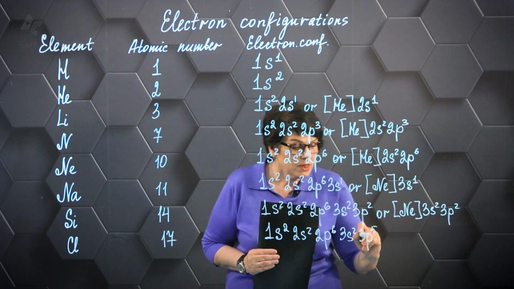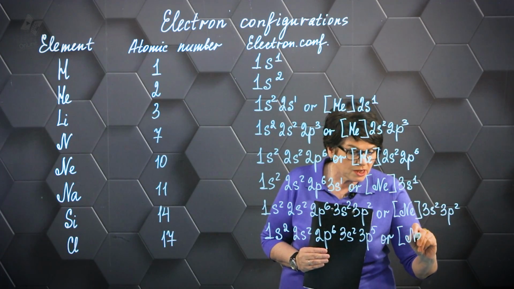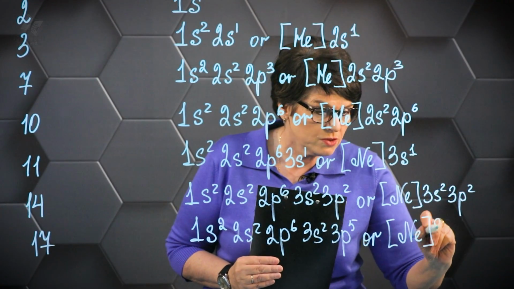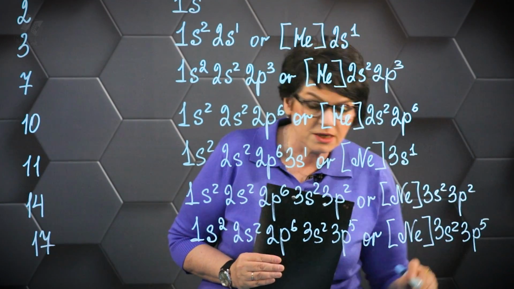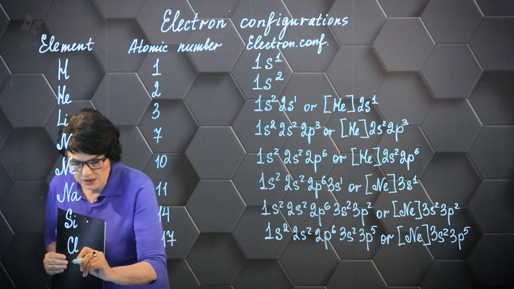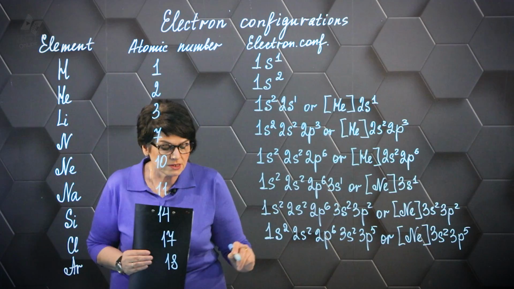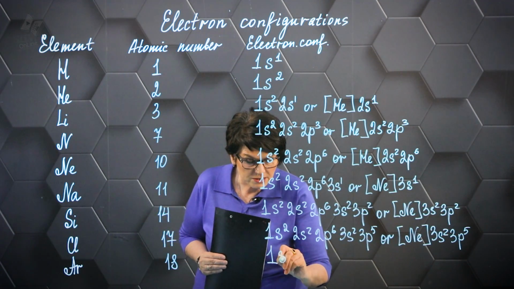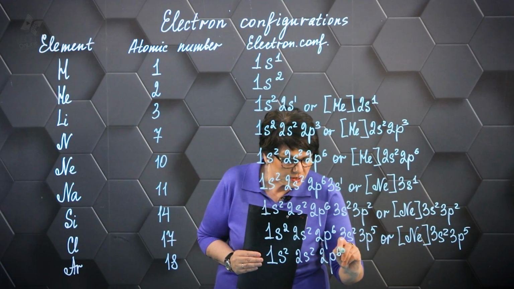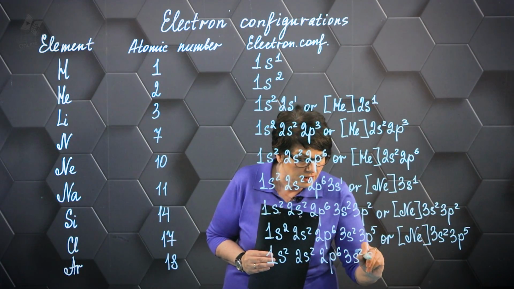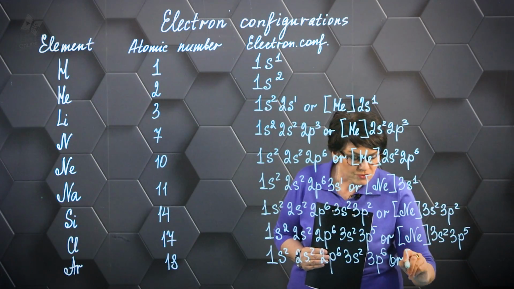And closing the third period, the element argon. It's number 18. Then the configuration is 1s2, 2s2, 2p6, 3s2, 3p6, or in a short entry, neon in front and the entry is 3s2, 3p6.